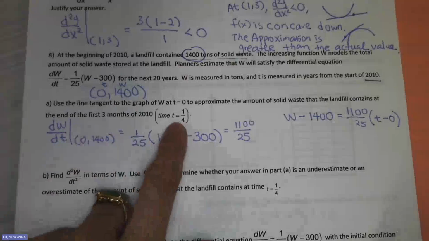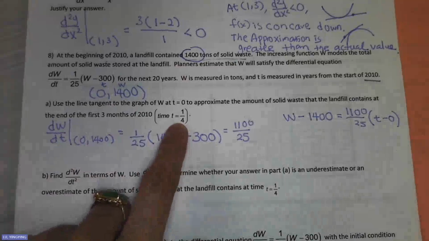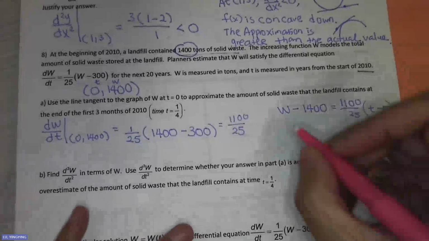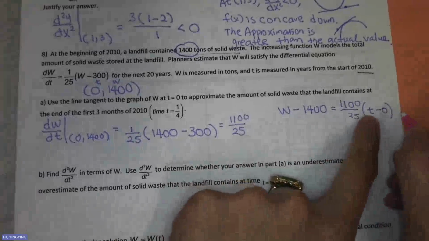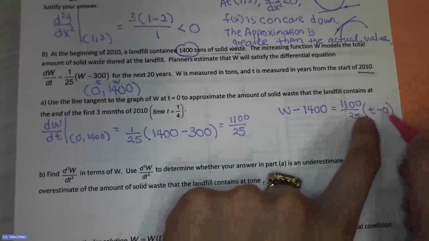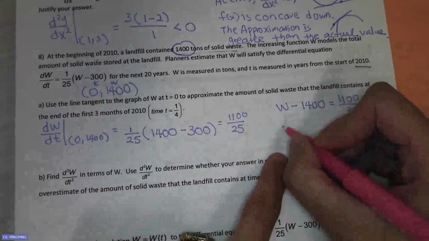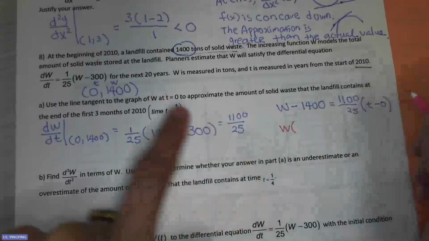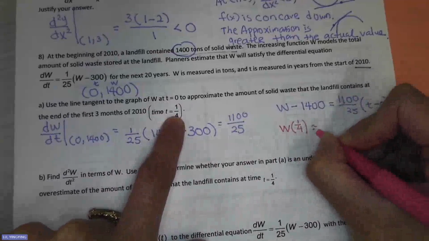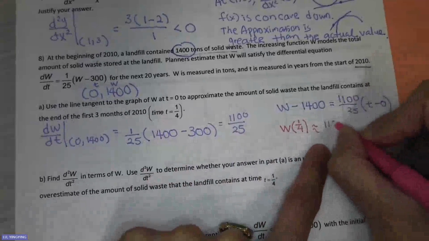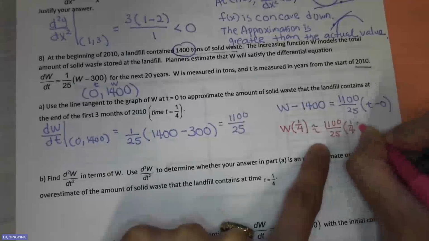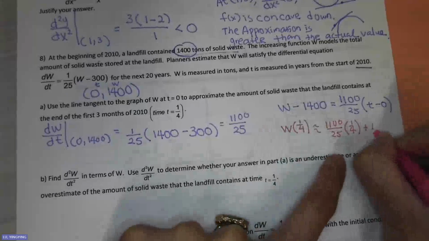And now what we're going to do next is plug in 1/4, right? So again, here's what I'm talking about for safe stop on the test. When you're plugging in 1/4 for the t, it's just 1/4 times all of this, right? So what's my notation? It's W of 1/4 approximately, to be a safe stop: 1,100 over 25 times t, which is 1/4 minus 0, so 1/4, and then adding 1,400.